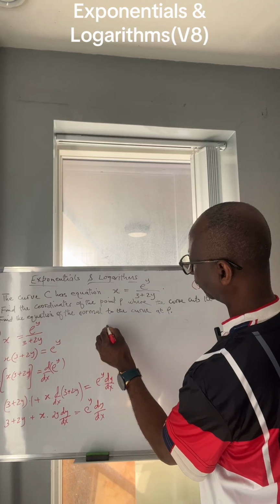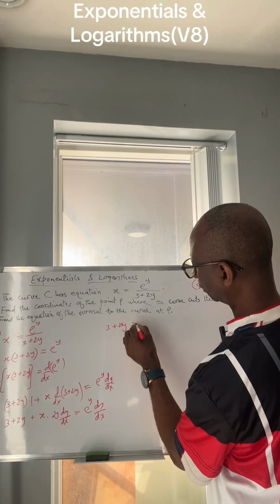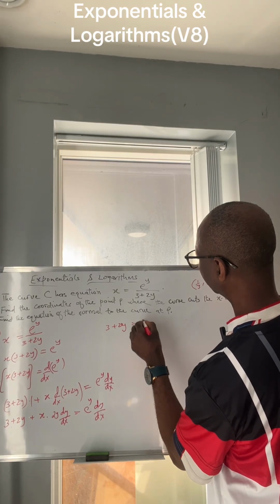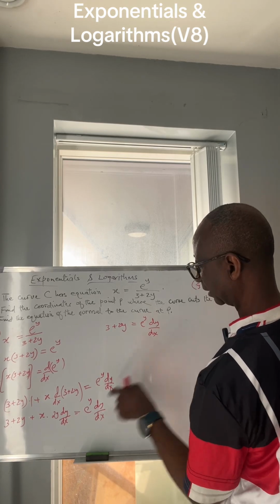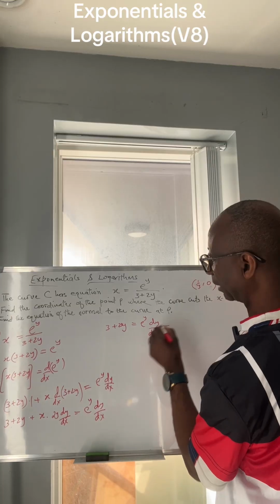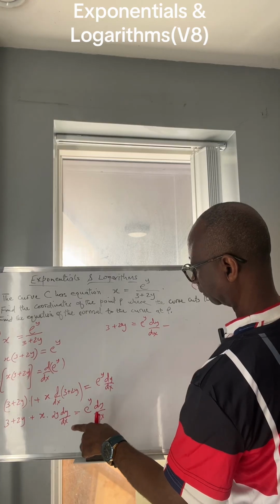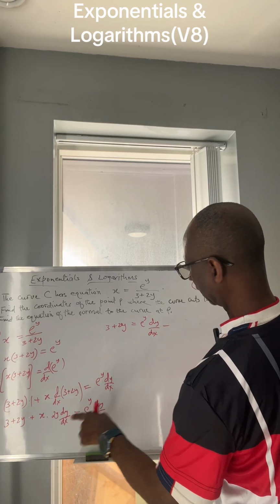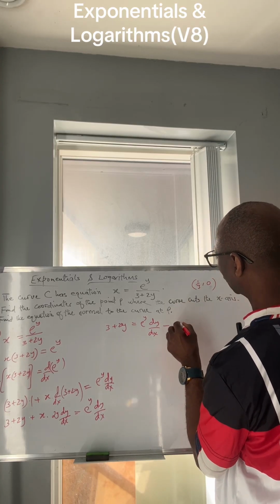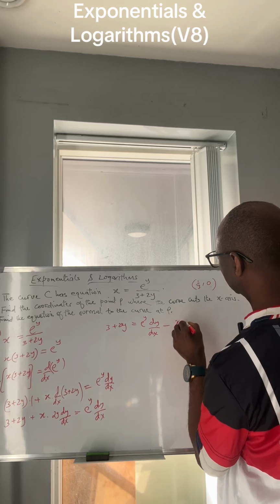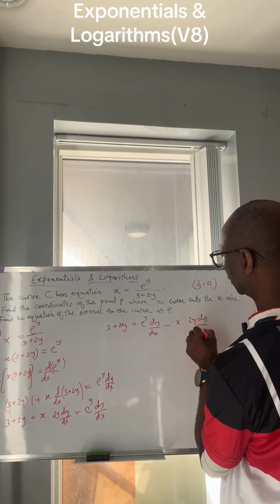So there you will have 3 plus 2y now is equals to e raised to the y dy dx. This will now become minus x times 2y dy dx.